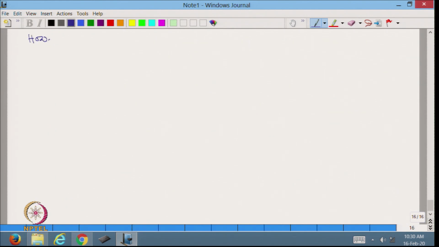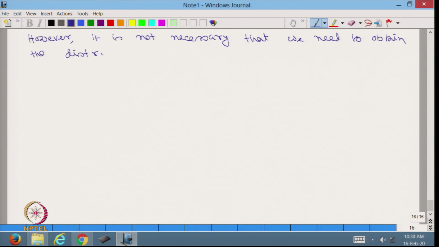However, it is not necessary that we need to obtain the distribution of y explicitly.